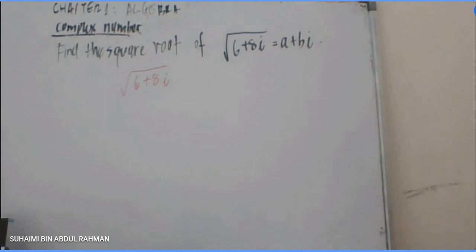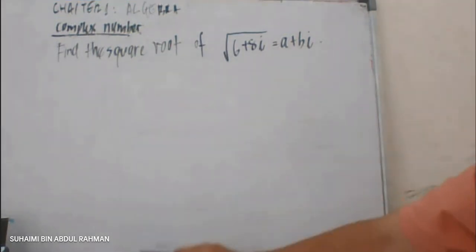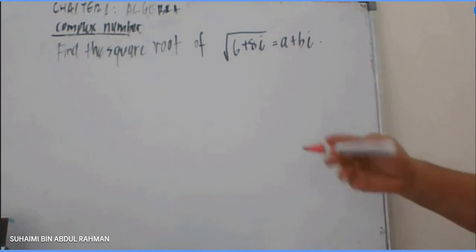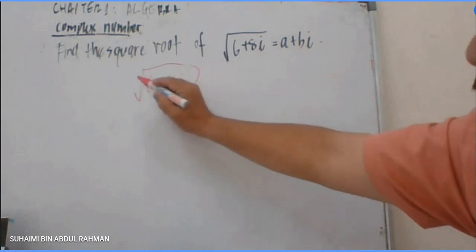So always, in order to remove the square root, what we have to do? Power of 2. Therefore, 6 plus 8i square root, we square.